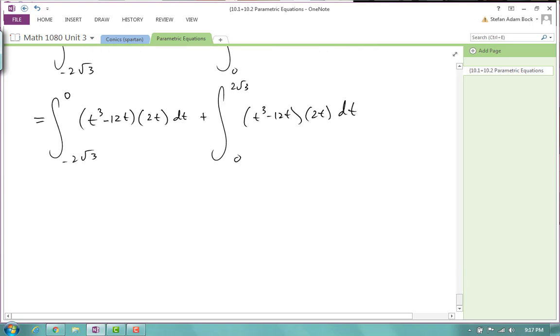So it seems like this time it's safe for me to just combine these integrals into one. But just to be on the safe side, I'm not going to do that. So this is equal to the integral from negative 2 root 3 to 0, 2t to the fourth minus 24t squared.